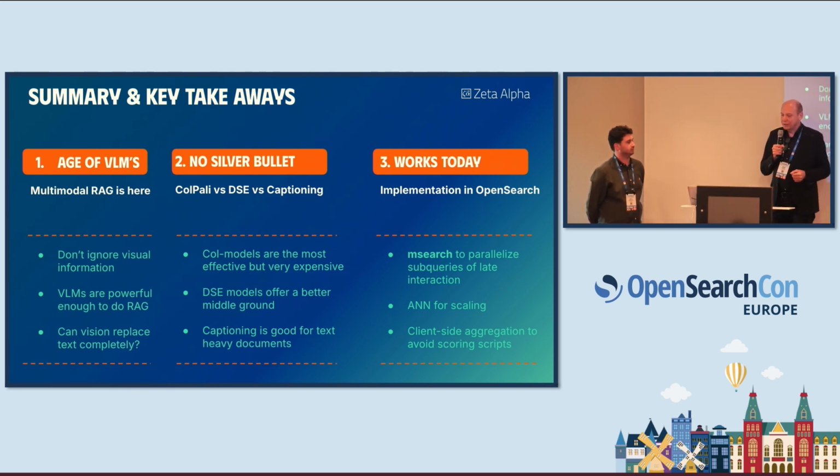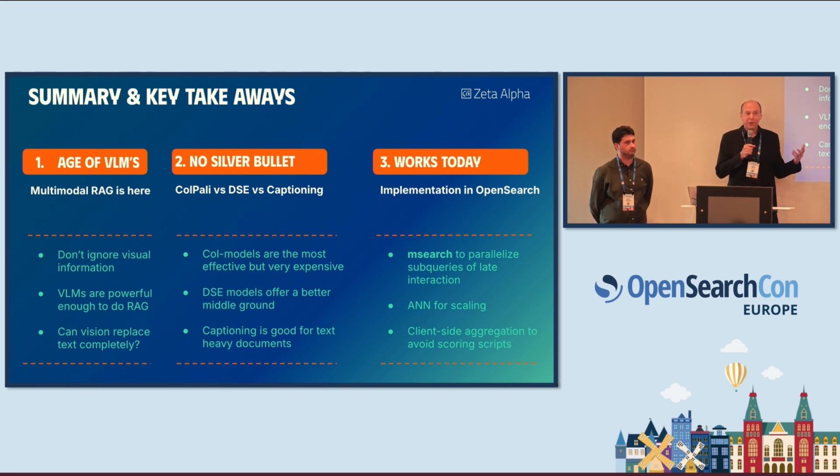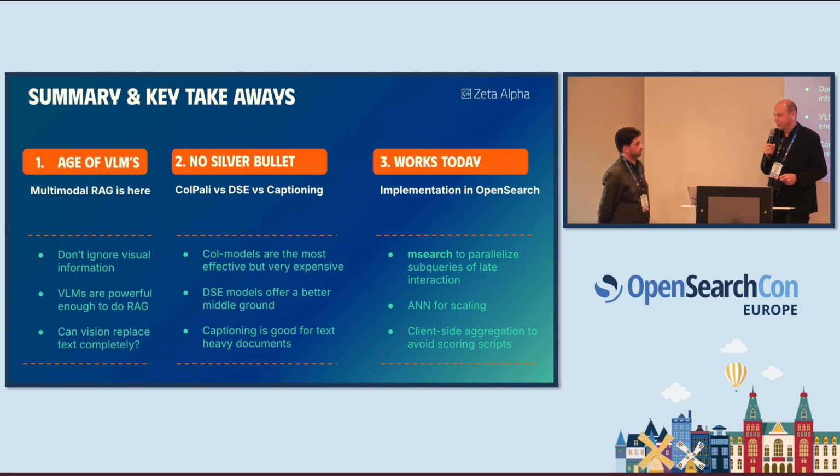I think the Col models are overall the most effective, so they have the highest relevance score, but they're also super expensive. And right now, the bi-encoder, DSE style models offer a very good middle ground. And if you're looking for a quick fix, captioning is very good for text-heavy documents and also for visual question answering. And it works today in OpenSearch, as Batu has shown.